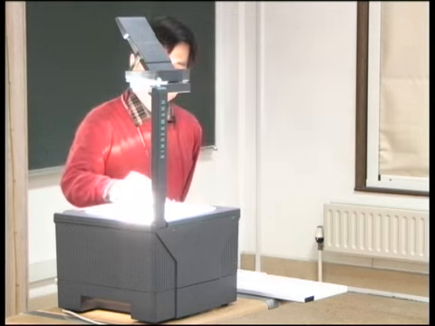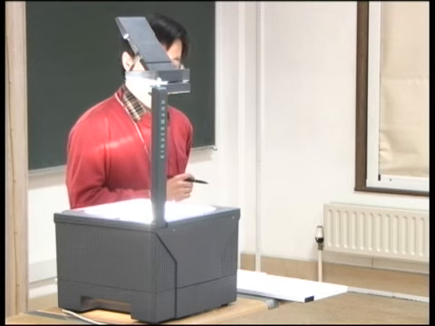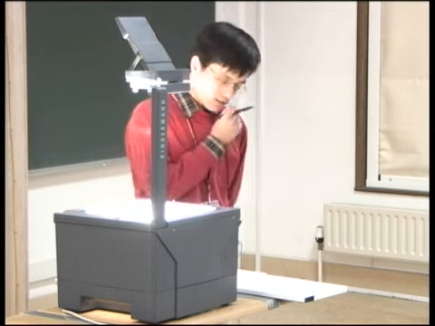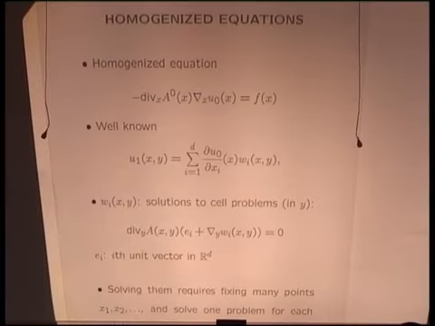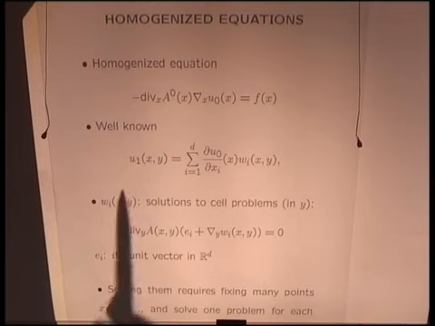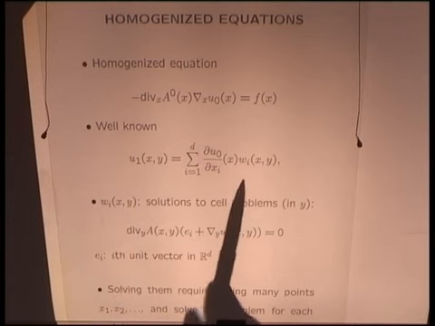And this A0 here can be found. And it is also well known that we can write u1(x, y) in terms of u0, and here is how we write u1 in terms of u0.